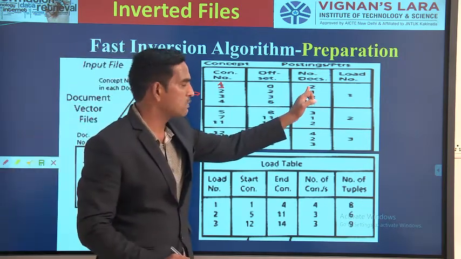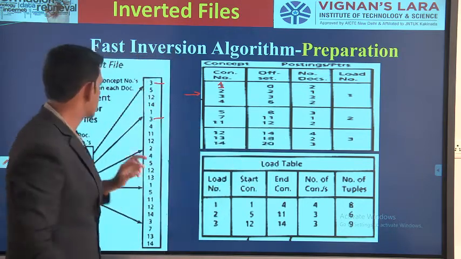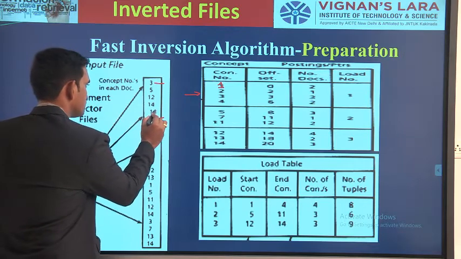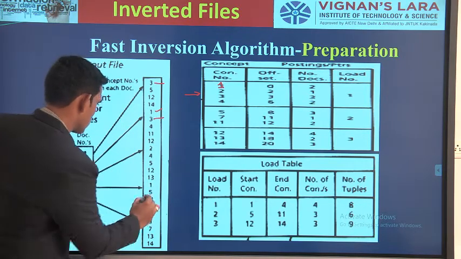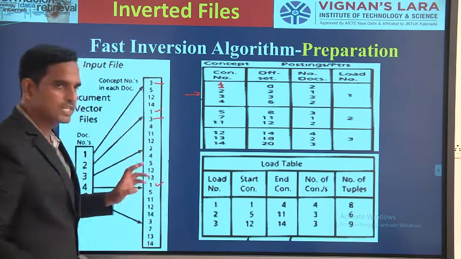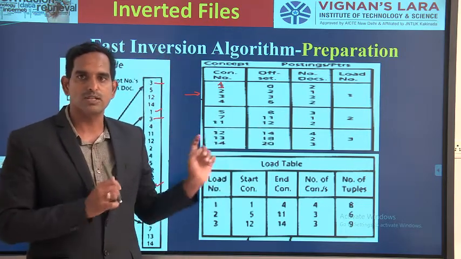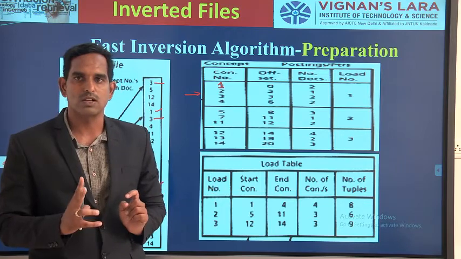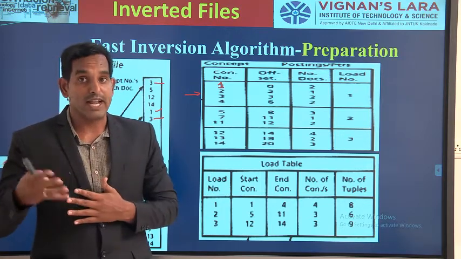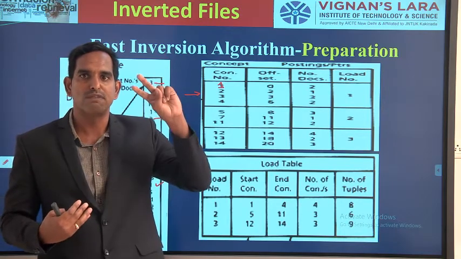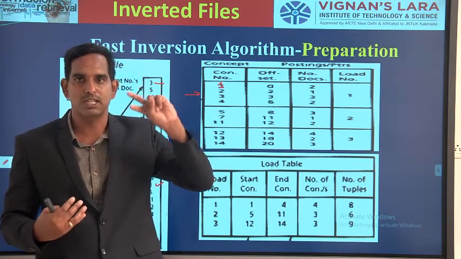Next, concept 1 is present in 2 documents. As you can see, it is present in document 2 and in document 4. So we are mentioning the number of documents here: concept 1 is present in 2 documents. When you create the inversion file at the end, the first 2 elements will be concept 1.